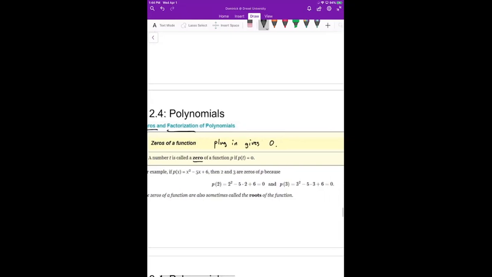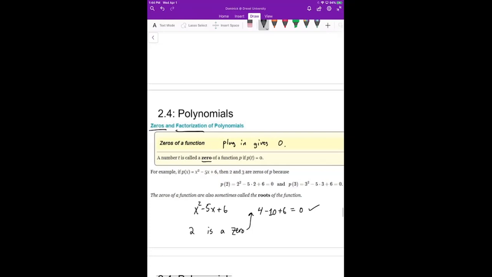For example, if you look at x squared minus 5x plus 6, 2 is a 0, because if you plug 2 into this, you get 4 minus 10 plus 6, which is 0. And the same thing would happen for plugging in 3. Sometimes you can also use the word roots to mean the same thing as 0. So all we mean by a root or a 0 of a polynomial is that if we plug that number in, the result is 0.